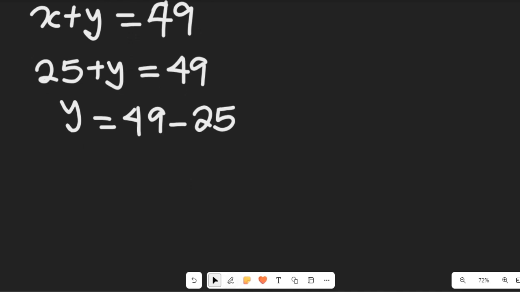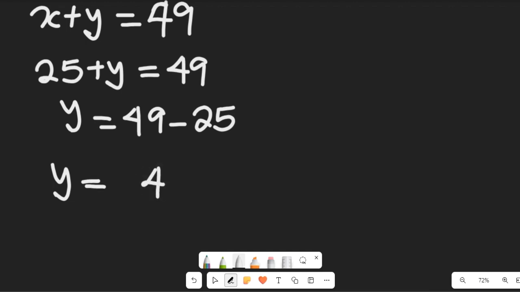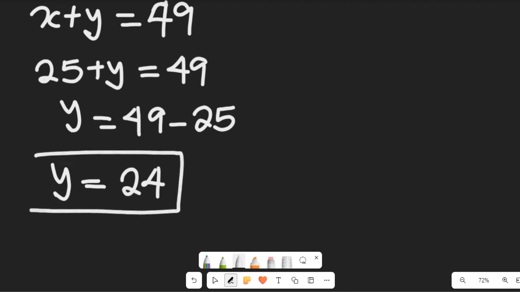So if we do that, the value of our y will be equal to 49 minus 25, which gives us 24.